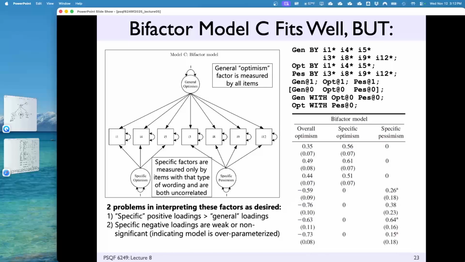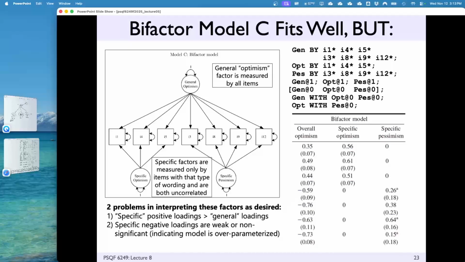But what happens when I1 has two arrows? Write out the regression equation. I1 is equal to an intercept plus a slope times general plus a slope times specific. Well, in that case, go back to your regression interpretation. That slope for general is now controlling for the presence of specific, right?